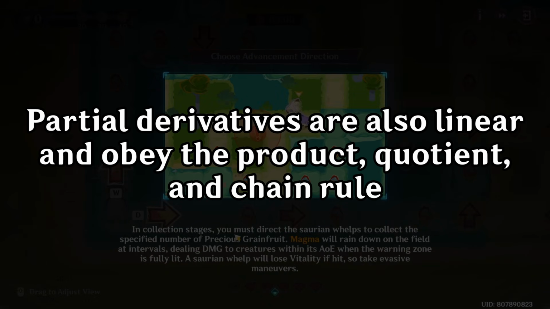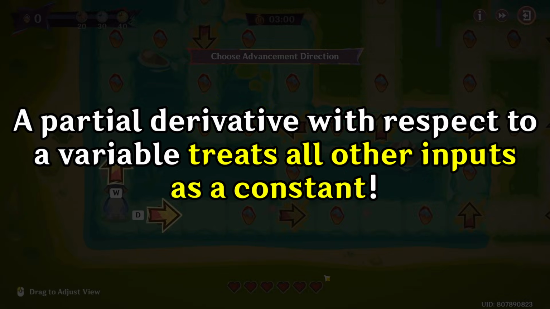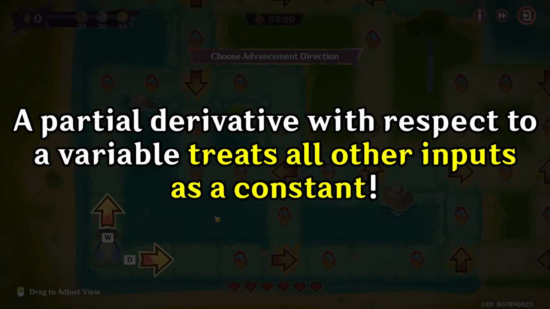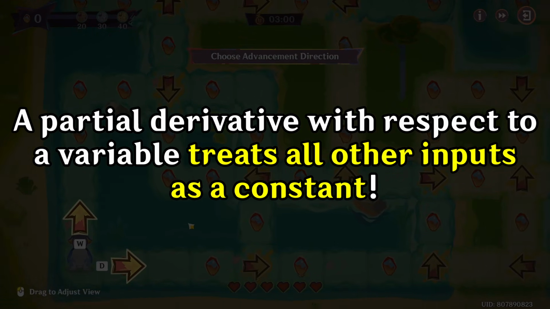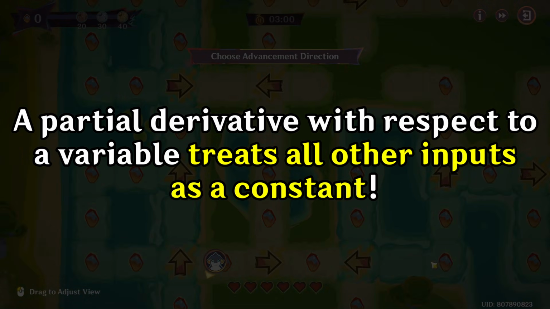Luckily, partial derivatives share the same properties as the ordinary derivative. The only thing to keep in mind is that a partial derivative will only consider the change of one variable, which is the one it is taken with respect to. This means that all other variables are treated as constant.